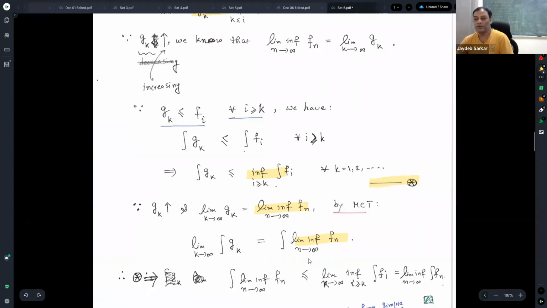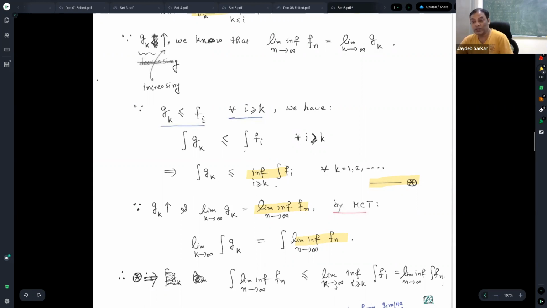So what you have now is that this fellow is equal to the integration of gk as k goes to infinity. But the integration of gk can be replaced by this.